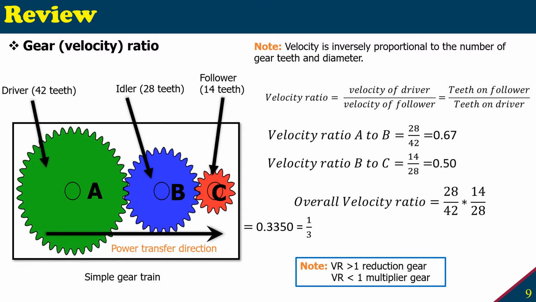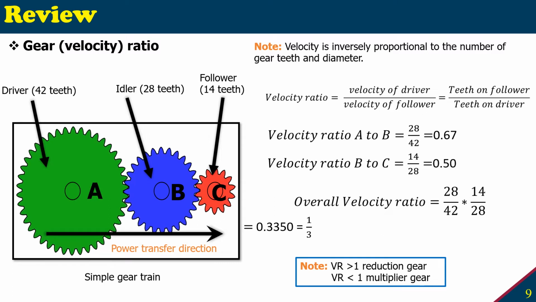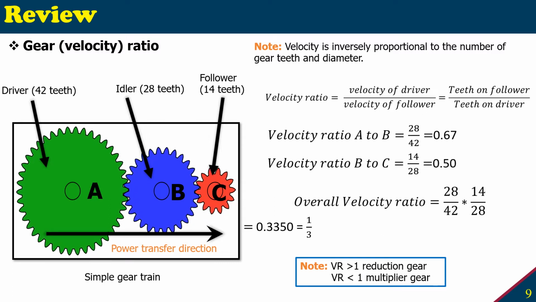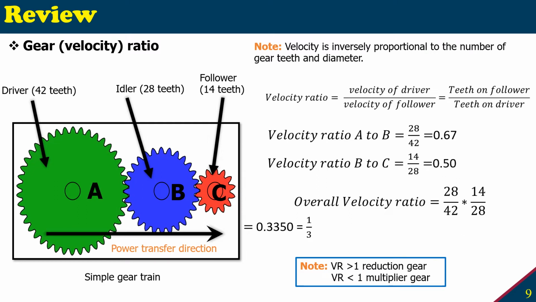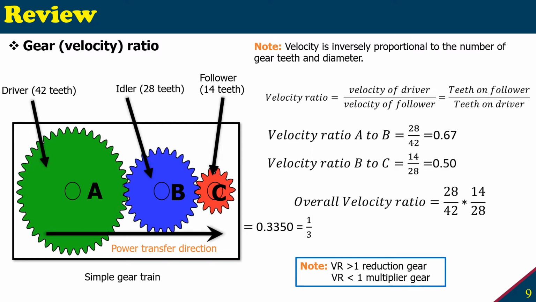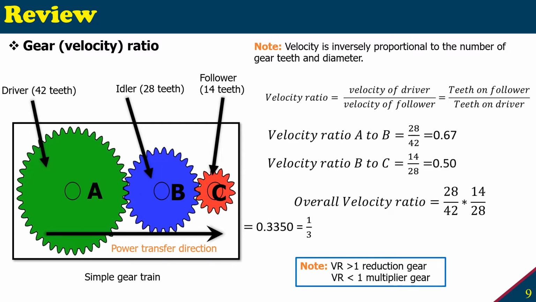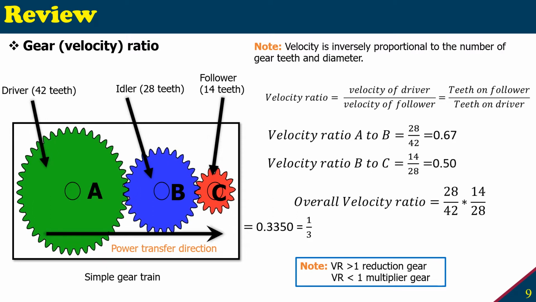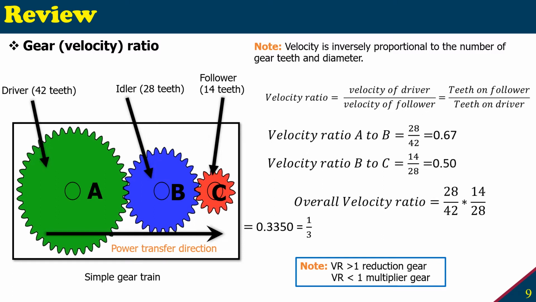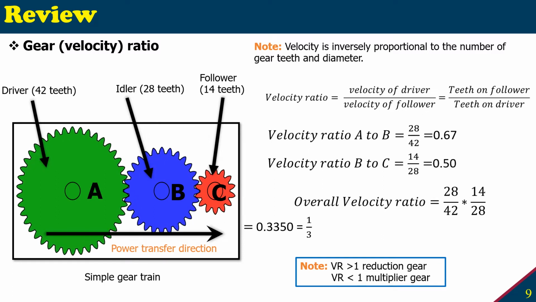Now for the next stage, blue to red, the velocity ratio from B to C is the teeth on the follower, which is 14, over teeth on the driver, which is 28, and it is 0.5. So the overall velocity ratio from A to C would be the multiplication of 0.67 and 0.5, which gives you 0.335, which is exactly the inverse, 1 over 3.